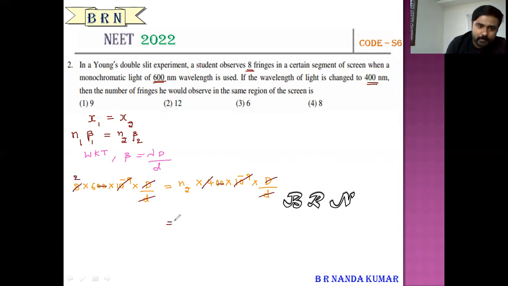So n2 is equal to 6 into 2, 12. The number of fringes is 12 here. So the right answer is option 2. Correct? Right answer is option 2.